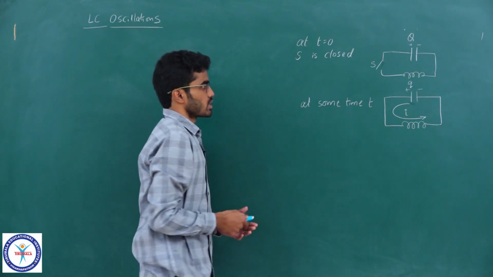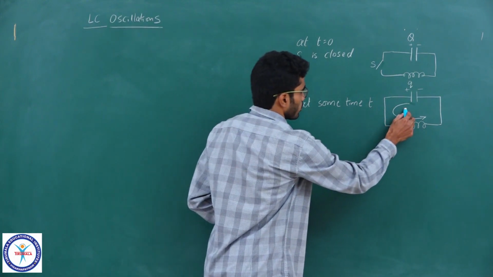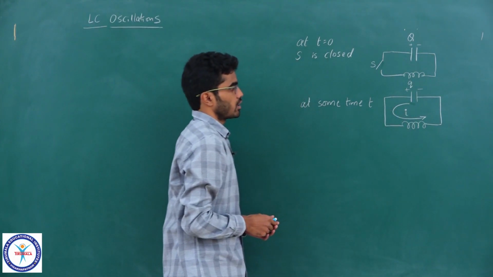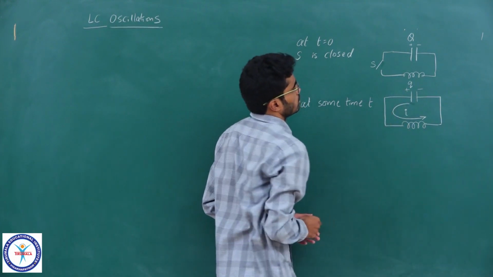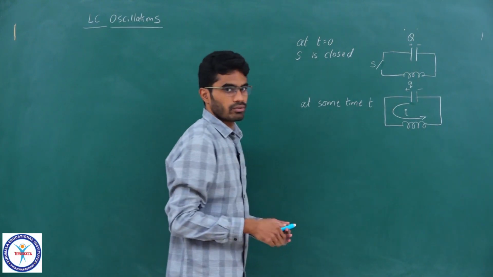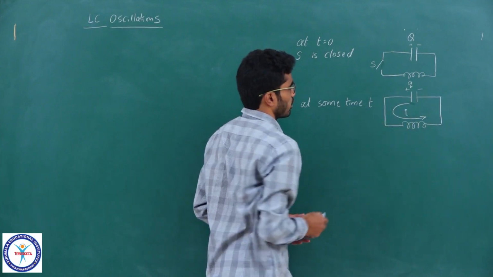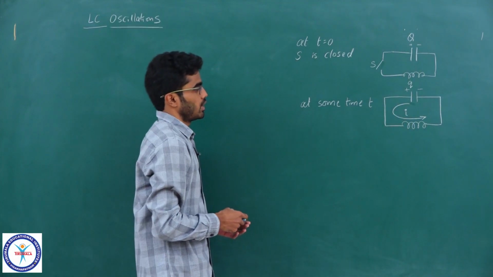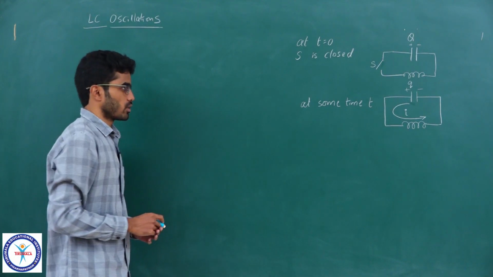So when the switch is closed, at any time t, we can draw the circuit diagram in this way, and at that instant the charge on the capacitor will be small q, which is a variable, and the current in the circuit is marked as I. Let us write Kirchhoff's equation for this.